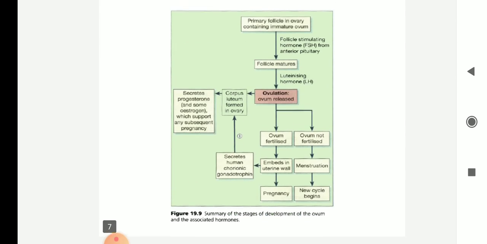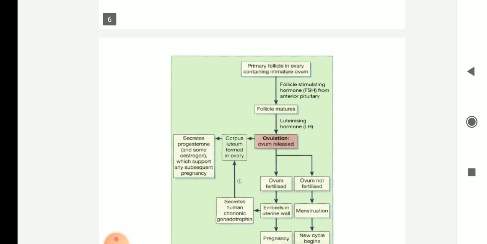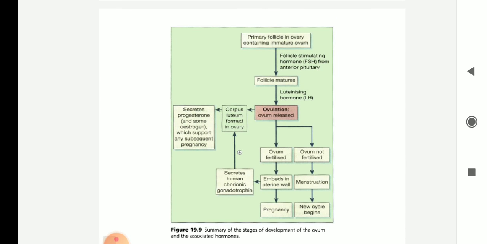This is the diagrammatic summary of the stages of development of the ovum and the associated hormones. Here the primary follicle in every ovary contains an immature ovum. After release of follicle stimulating hormone from the anterior pituitary, the follicle will start to mature. Then after the luteinizing hormone is released, it will cause ovulation, the process where the ovum is released.